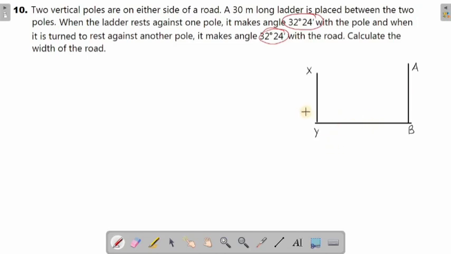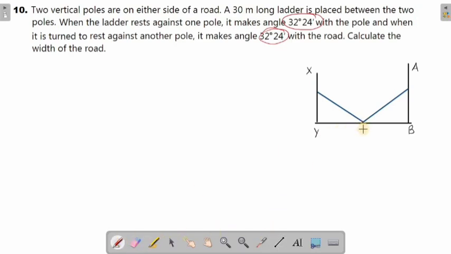Just imagine. So here I'll place the ladder exactly in the middle, and from there I'll rest it against the two poles. Remember the length of the ladder is going to be how much? 30 meter. So that's why it's going to be exactly in the middle.